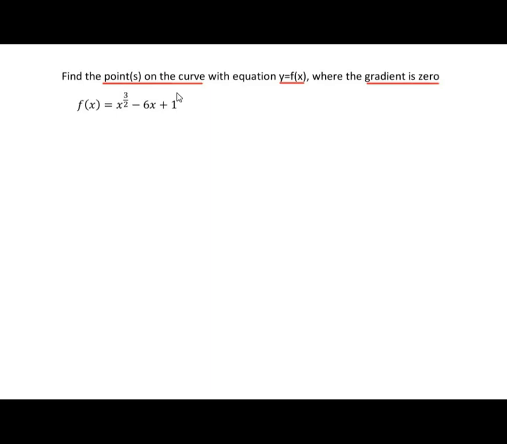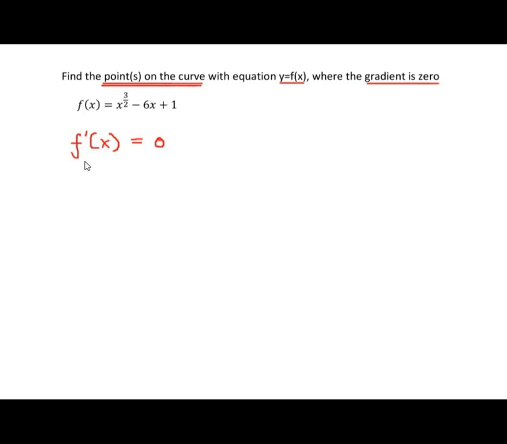Again we are going to use differentiation here, but they have said the gradient is 0. That means when we differentiate f of x, that is f dash of x, that should be equated equal to 0. After equating it equal to 0, we are going to get the points on the curve.